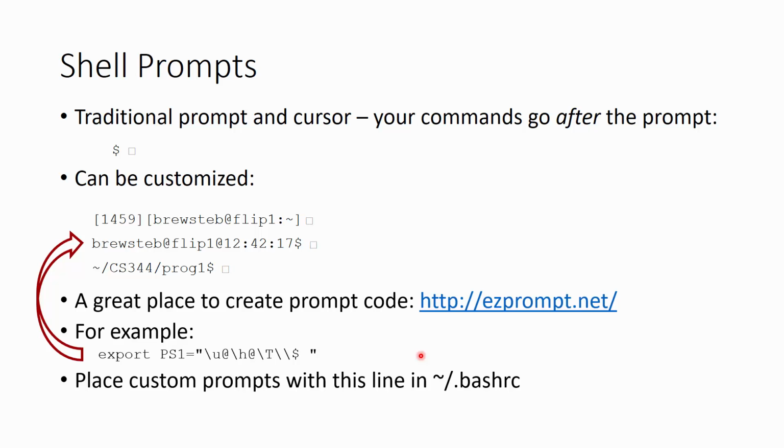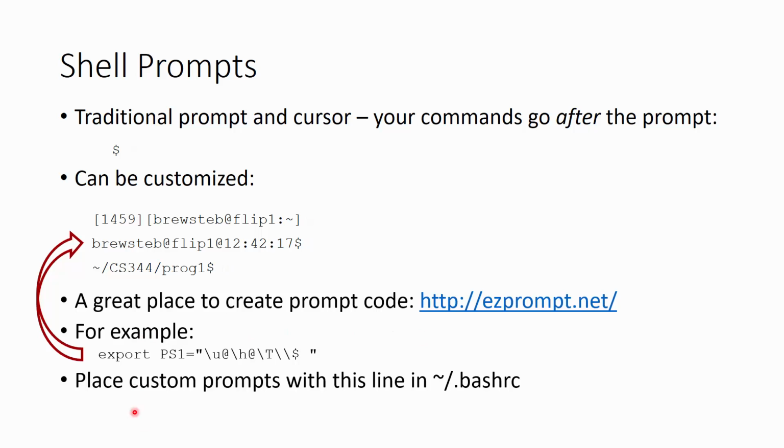So PS1 is the variable that you're going to put this prompt into, but look how complicated it is. It's got all kinds of escape characters and special symbols that do different things. And without having a giant dictionary or websites online that tell you what to do, it's very difficult to write. So I like this website just because I can drag and drop what I want, and then it tells me the string to use.